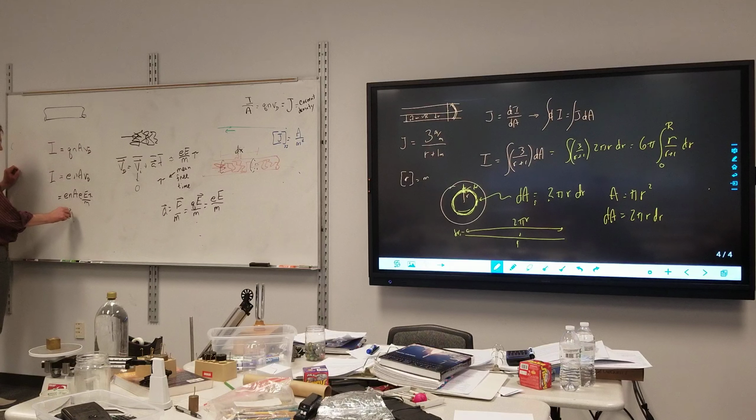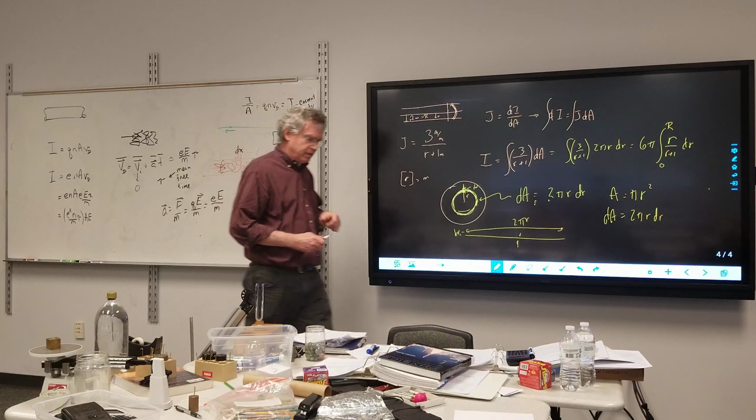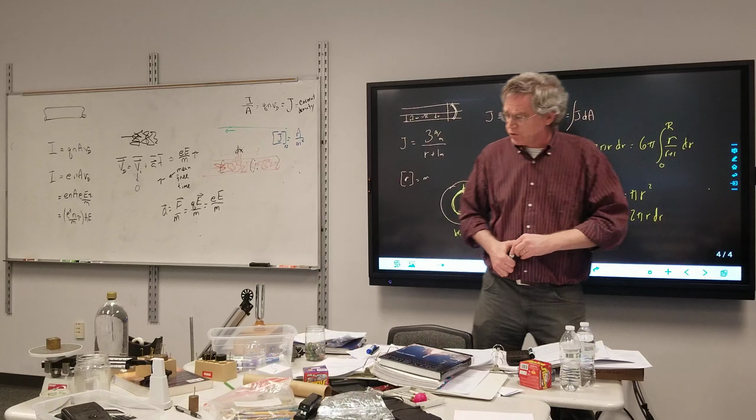So e squared n tau over m times A E. And that A is the cross-sectional area, that E is the electric field strength.